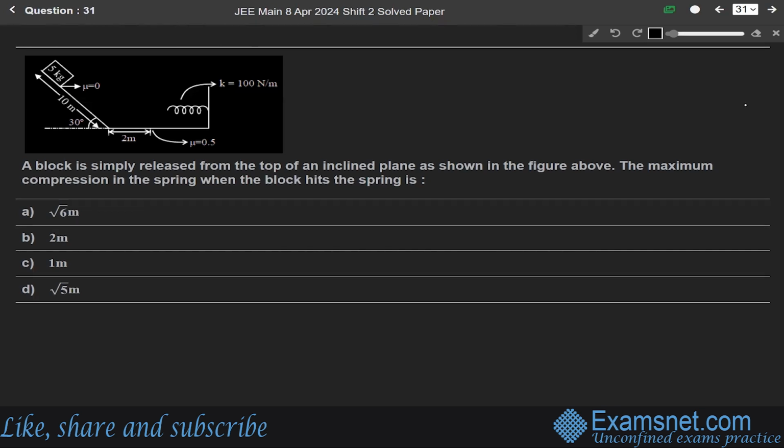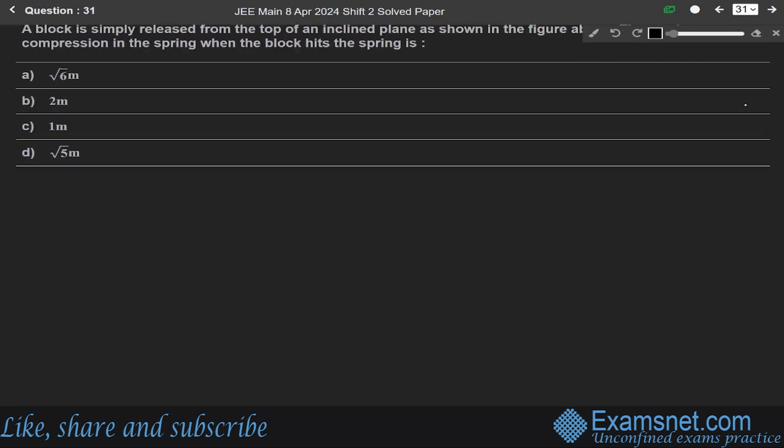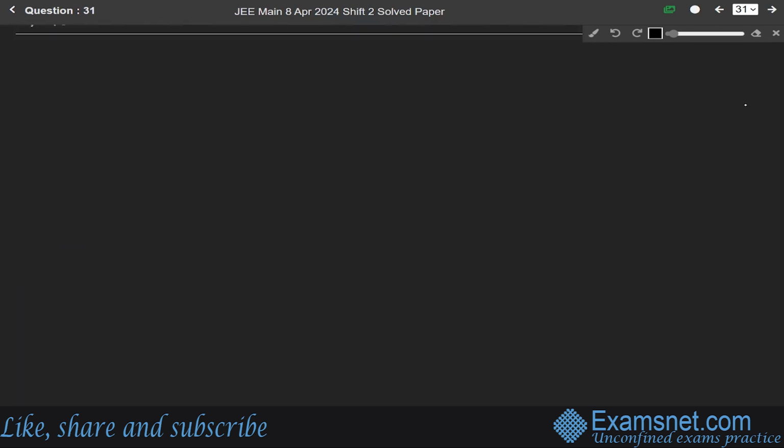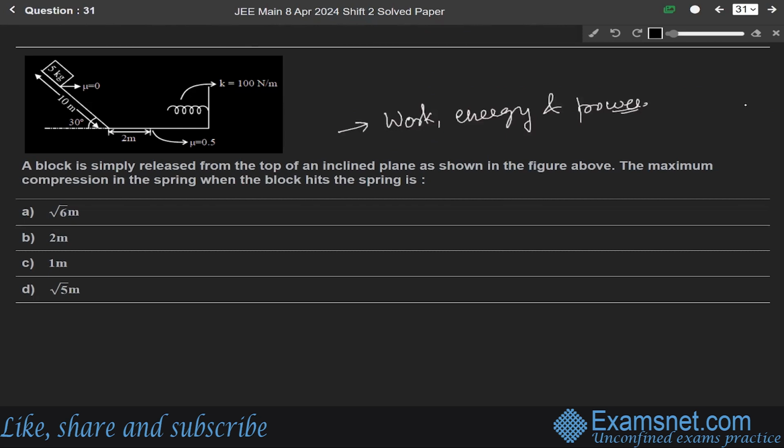Students, first of all, this question is from the chapter of work, energy and power. In this question, we have to find the maximum compression in the spring.